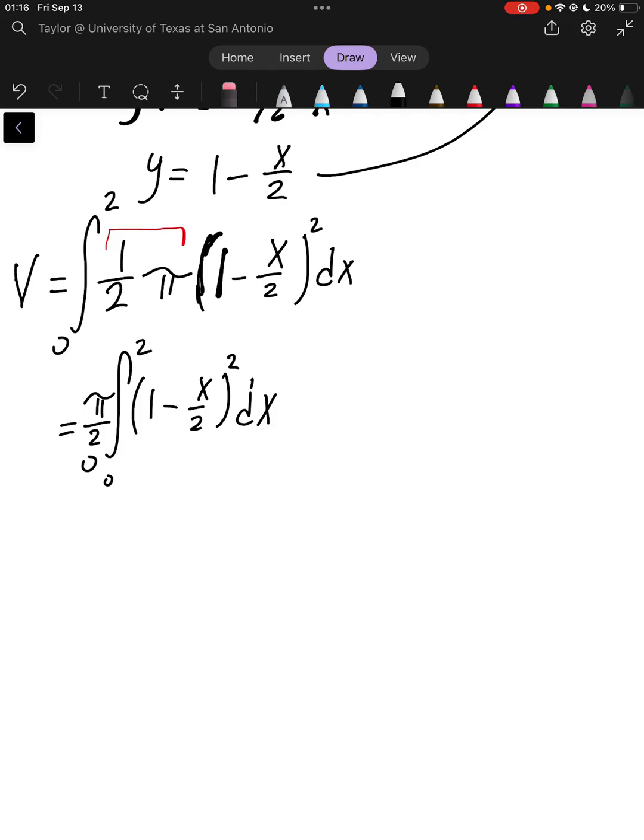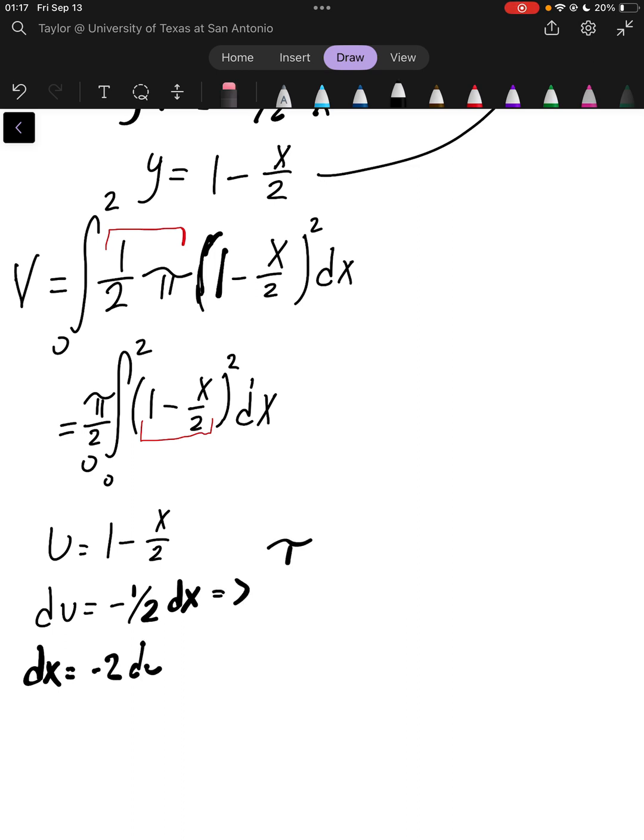Okay, so if we notice, we have a little bit of a substitution situation going on here. I'm going to let this inside term be u. So u equals 1 minus x over 2, du equals negative 1 over 2 dx. So dx equals negative 2 du.